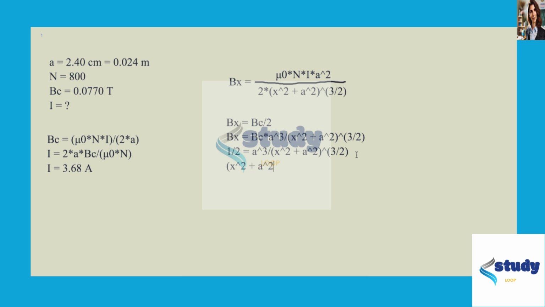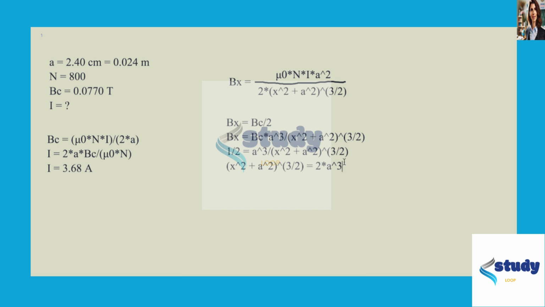We're multiplying both sides by the denominator here to the 3/2. And that's going to be equal to this divided by 2, which is going to be equal to a cubed. Now, let's multiply both sides by 2 so that we don't have to keep a fraction on both sides. This is just rearranging this equation up here like this.